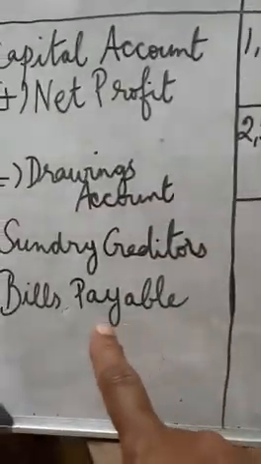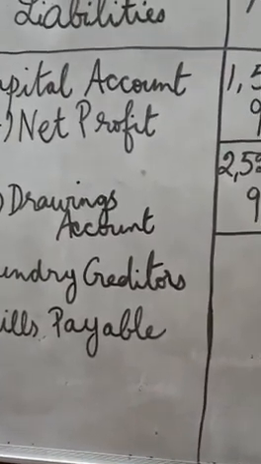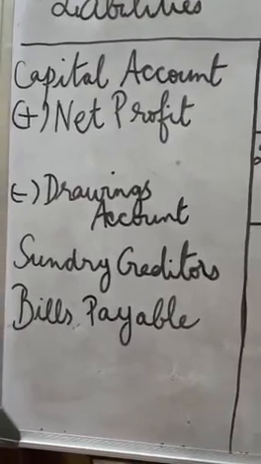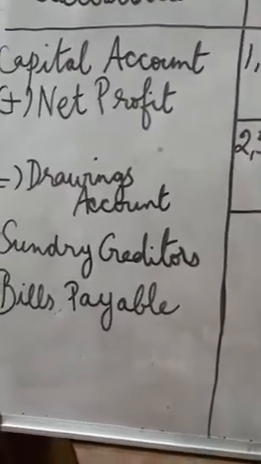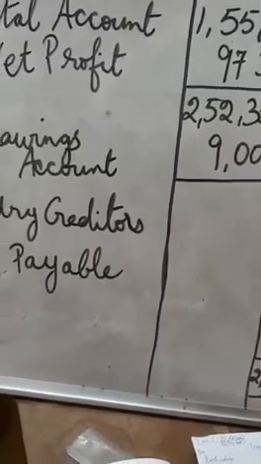And then bills payable. Here also it's given bills receivable and bills payable. So bills receivable in the debit column will go to the asset side and bills payable in the credit column will go to the liability side. So bills payable is 10,500. That's all the entries on the liability side.